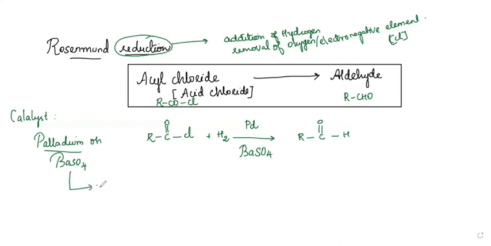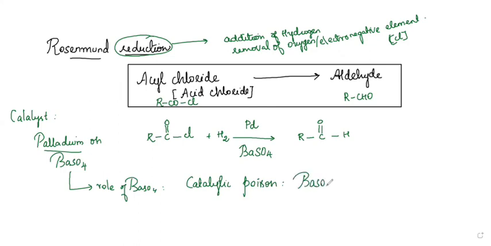What is the role of barium sulfate? It acts as a catalytic poison. What is a catalytic poison? It will decrease the reactivity of the catalyst, right? So here barium sulfate is used to decrease the activity or reducing power of palladium.